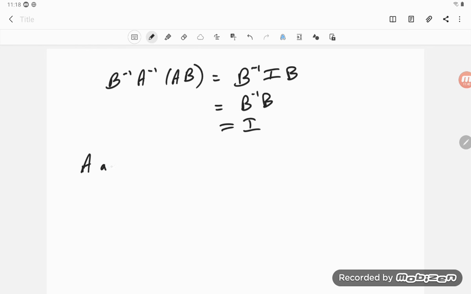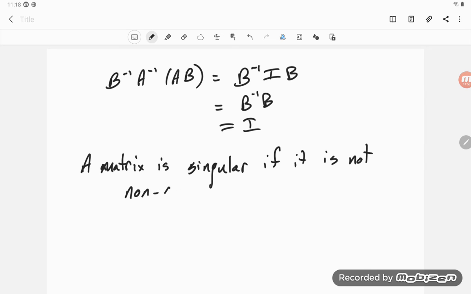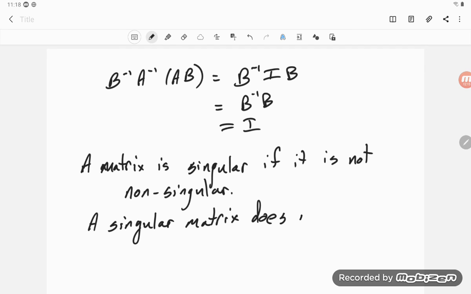A matrix is singular if it is not non-singular. How about that? What that would say is a singular matrix does not have an inverse.